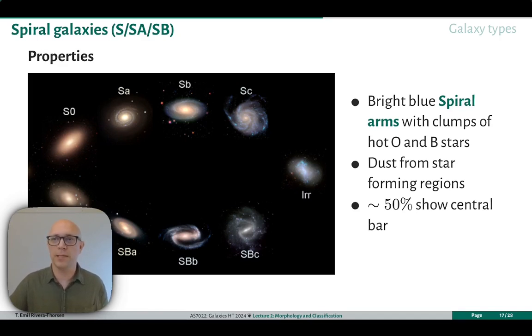These galaxies have bright blue spiral arms with clumps of hot OB stars in them. They also contain dust and cold gas from star-forming regions. There's lots of star formation happening in spiral galaxies. And finally, about 50% of them show a central bar.